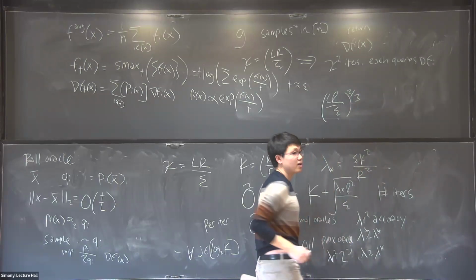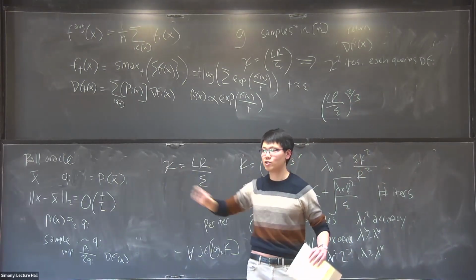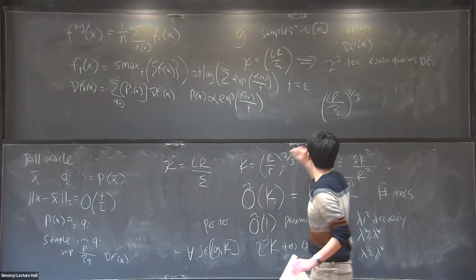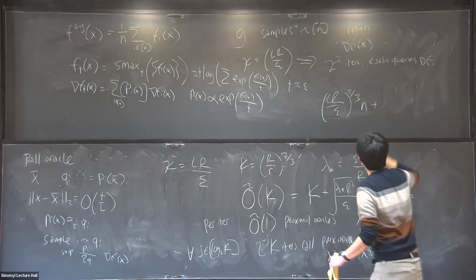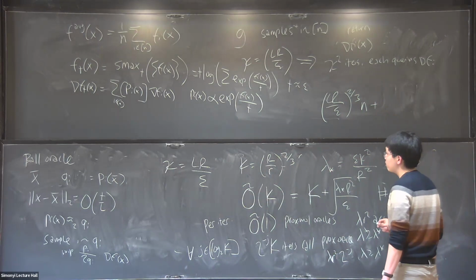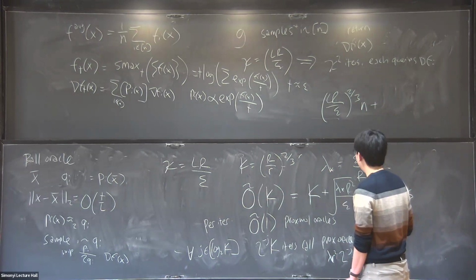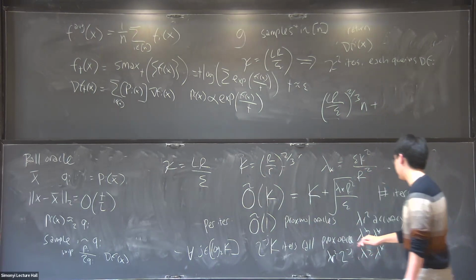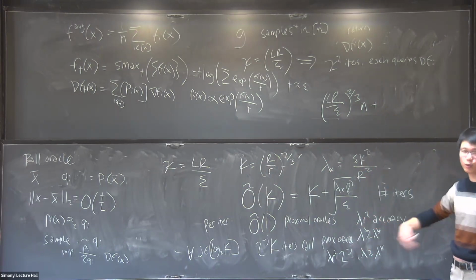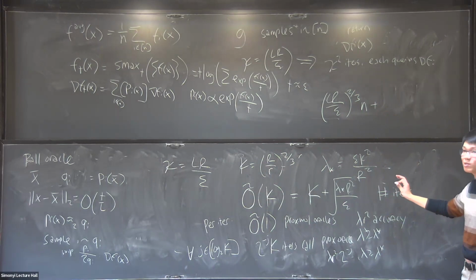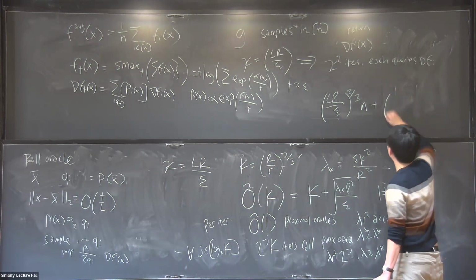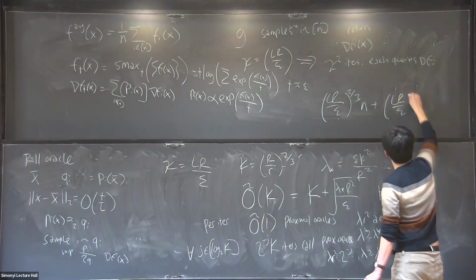And in each ball, I need to start by querying all the functions once to seed my qi's, right? And then I also need to run each one to accuracy lambda r squared. If you work out the analysis for standard stochastic gradient descent, this turns out to just be an LR over epsilon squared term.